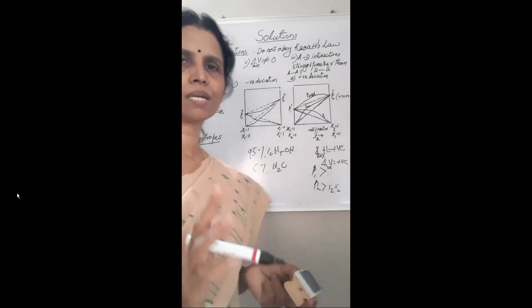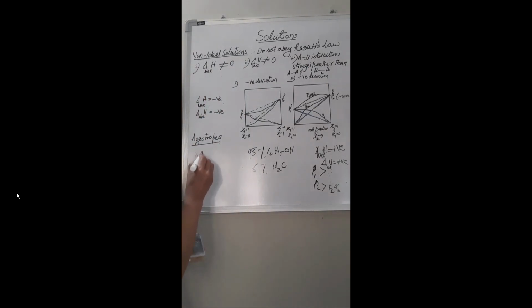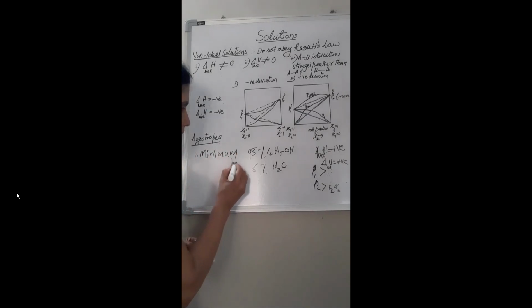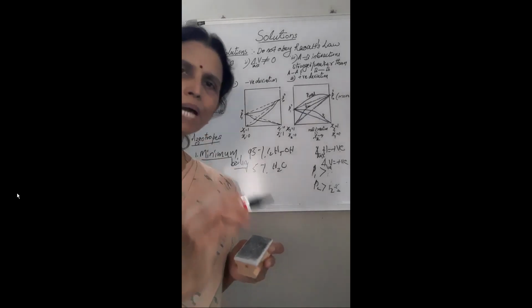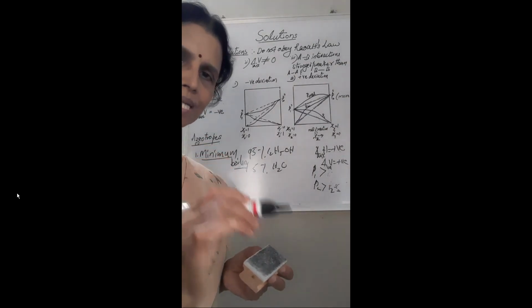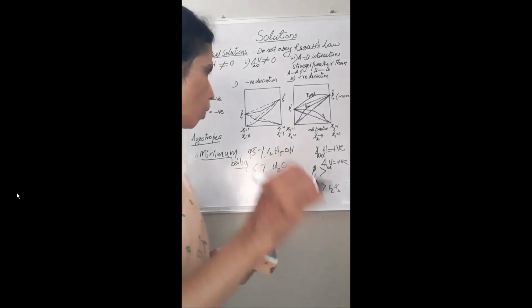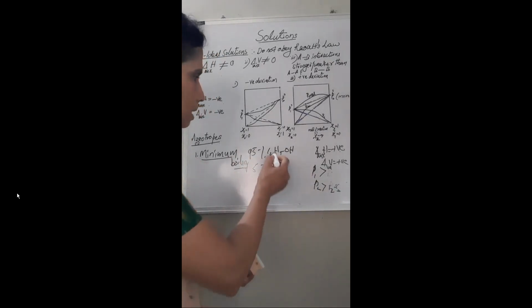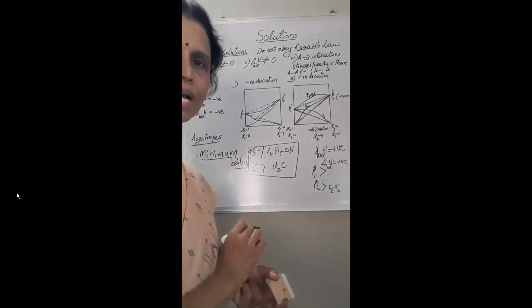Now azeotropes can be of two types: minimum boiling azeotropes and maximum boiling azeotropes. A minimum boiling azeotrope is a binary mixture that boils at a temperature which is lower than the boiling points of the pure components. For example, this is an example of a minimum boiling azeotrope.